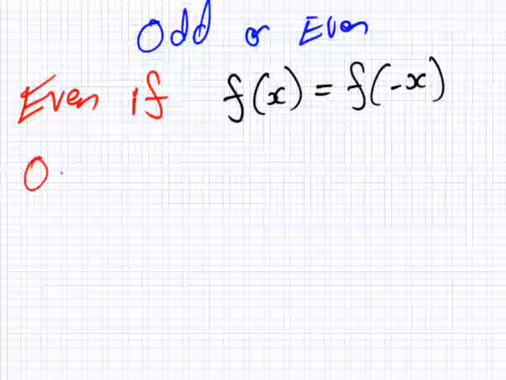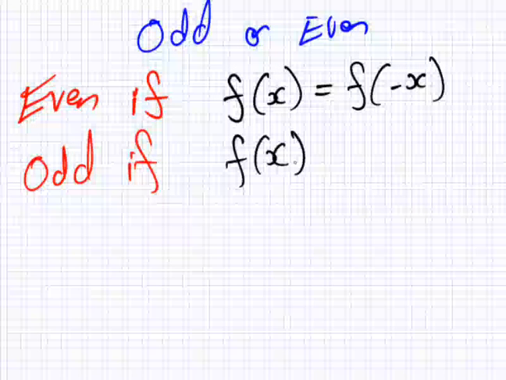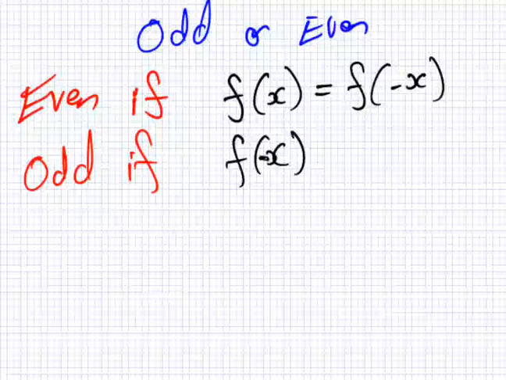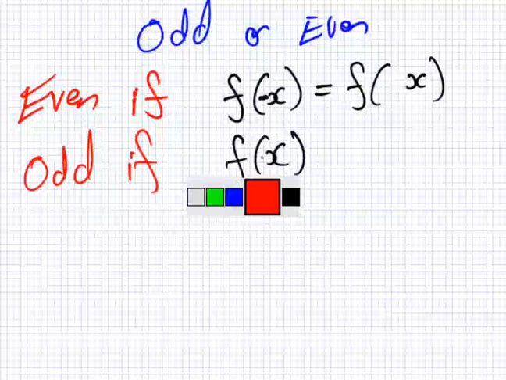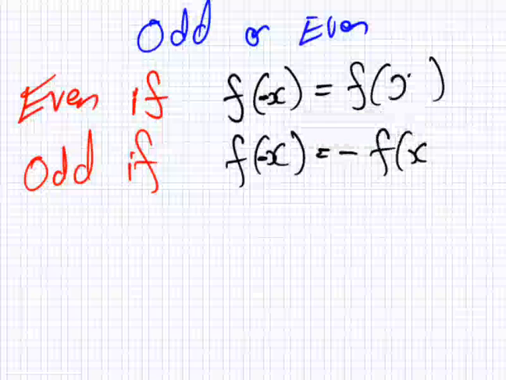And we call a function odd if, I'm going to put the minus on the left, make it look nicer, if f(-x) equals -f(x). Let me clean that up.